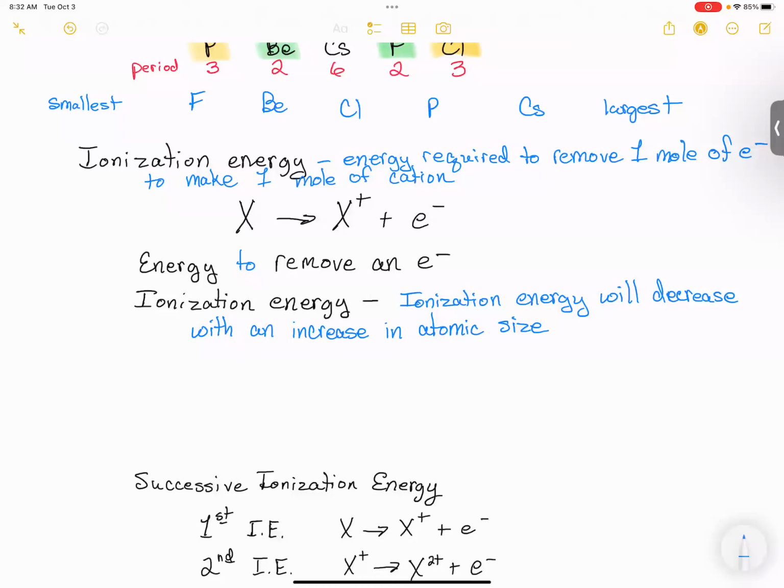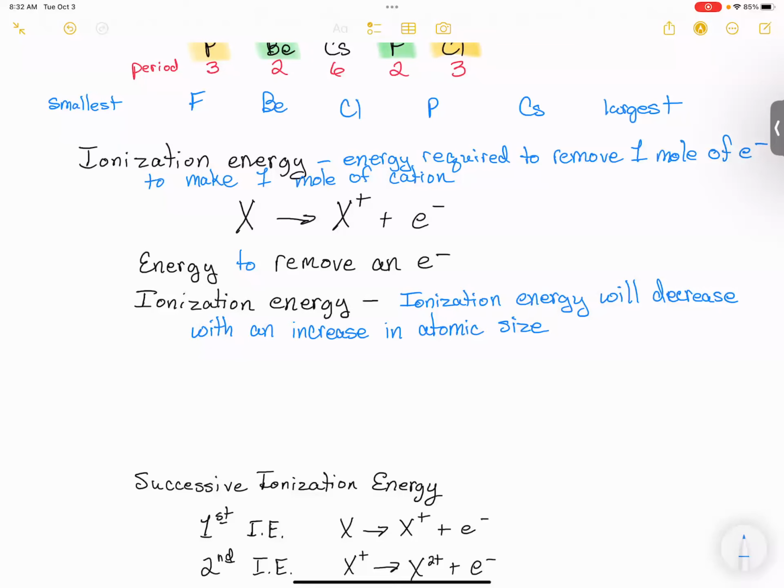The same thing goes with our atomic size. You're talking about a really tiny atom. The hold that the nucleus is going to have on those electrons is quite stark. But as the atom gets larger and larger and larger, the nucleus just does not have enough energy to keep those electrons.